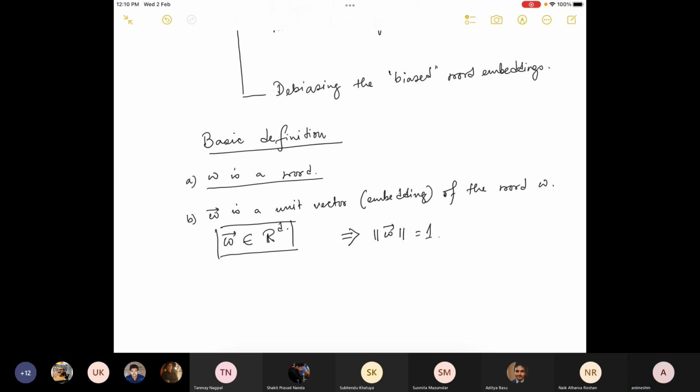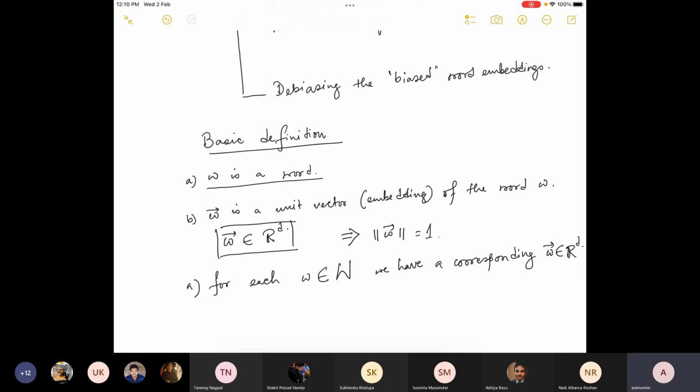So for each w in a vocabulary capital W, we have a corresponding w vector in R^d.